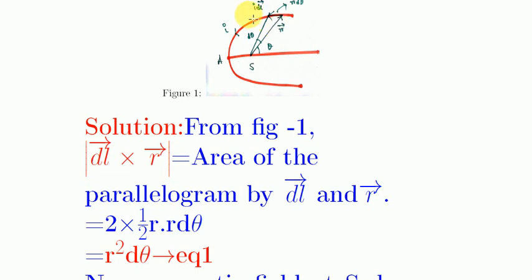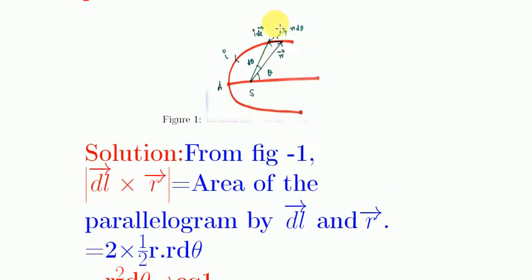Here half times r times r d theta is the area of this triangle, and r is one side and r d theta is the other side of this triangle.